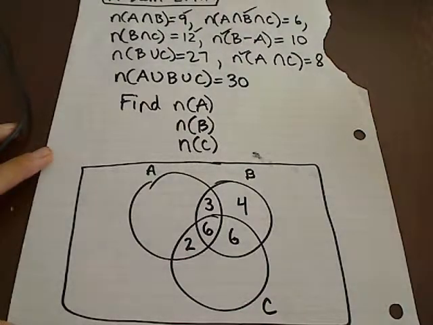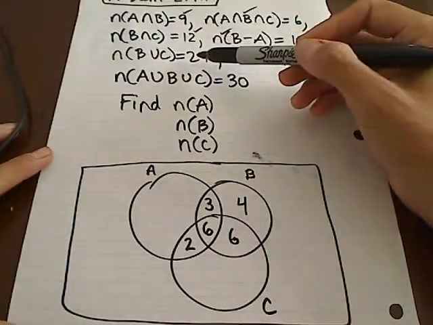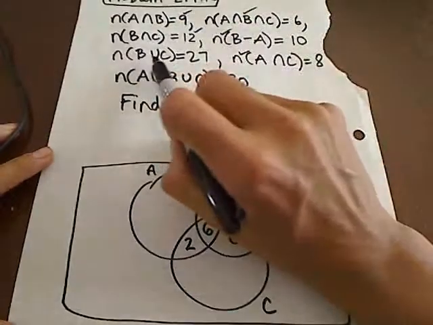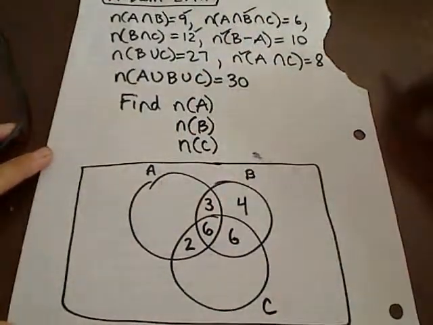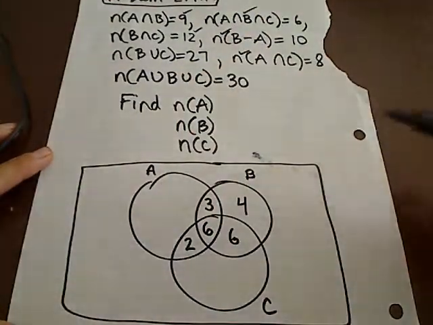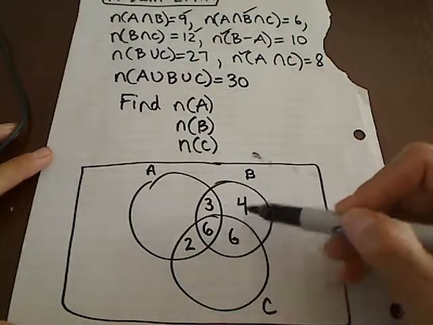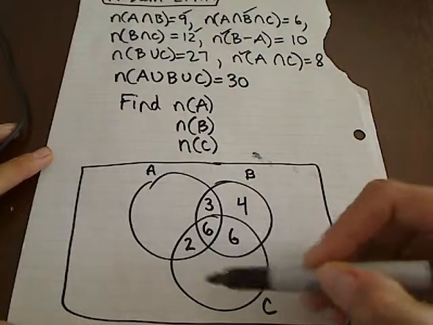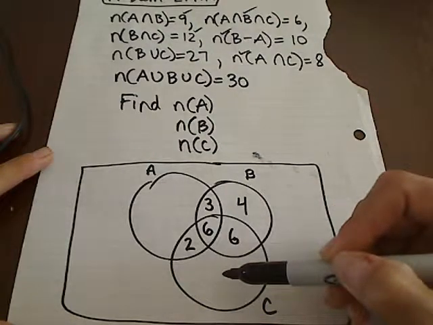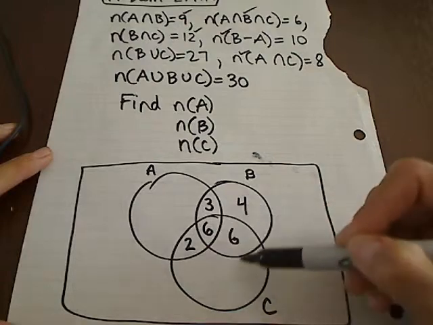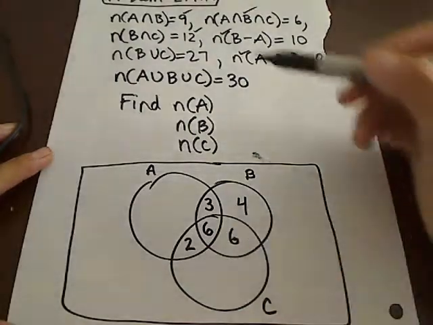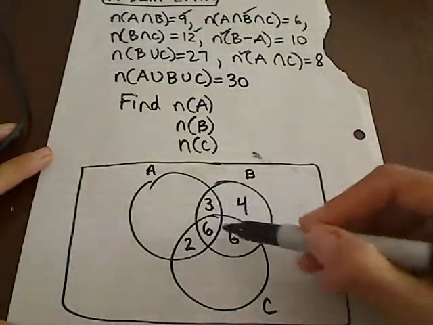Now we can use this one right here: the number of elements in B union C is 27. The union of B and C is all of this and all of this, and there's only one region I don't have a number for. If all of this adds up to 27, I can take 27 and subtract each of these numbers.